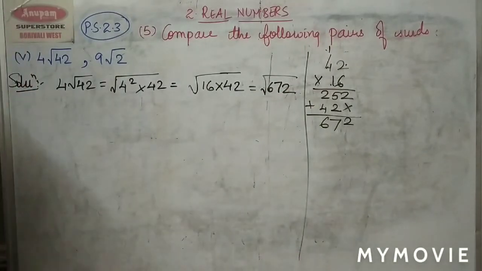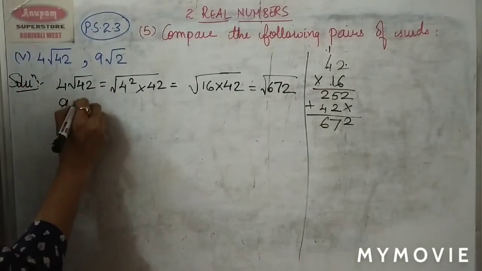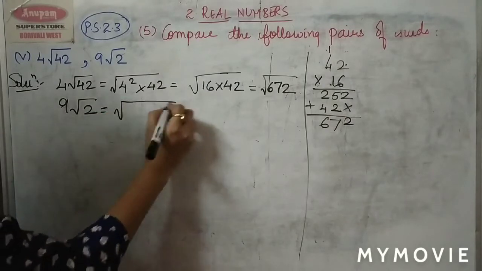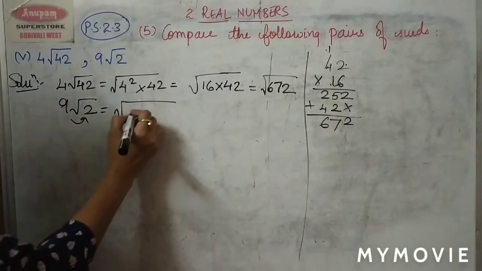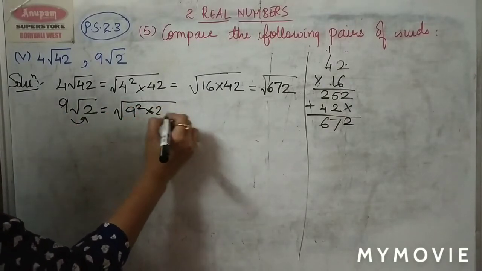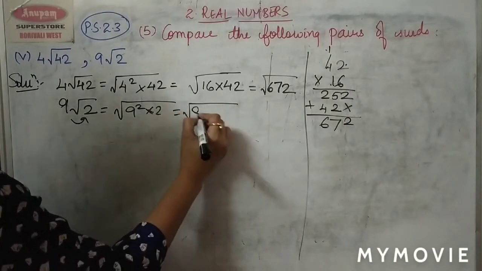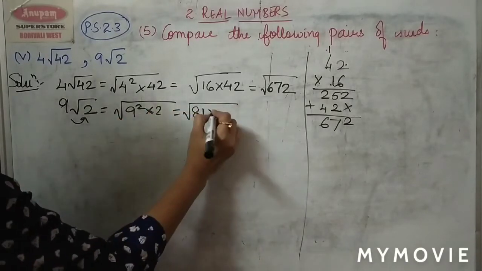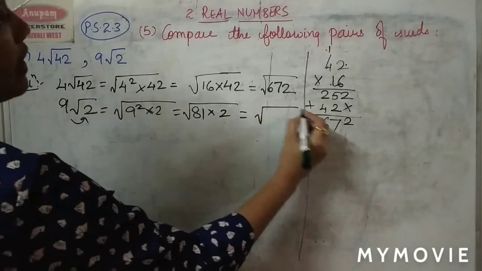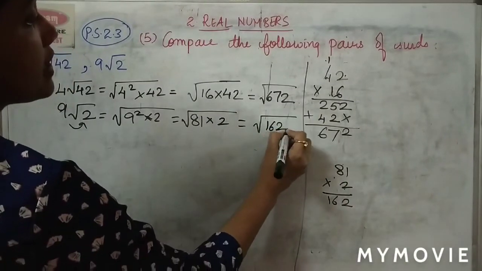Then next, 9 square root of 2. When this 9 goes inside, children, this will become 9 square into 2, and the square of 9 is 81 into 2. So when you multiply 81 with 2, you get 162.